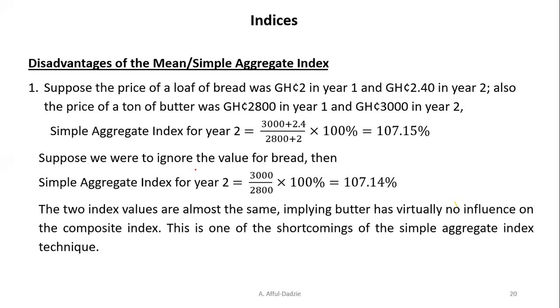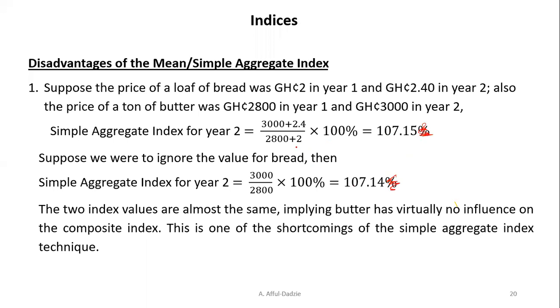Now, suppose that we ignore the change in the price of bread and we compute this. You see that the contribution of the change in the price of bread is so marginal. This is 107.15 and this is 107.14.